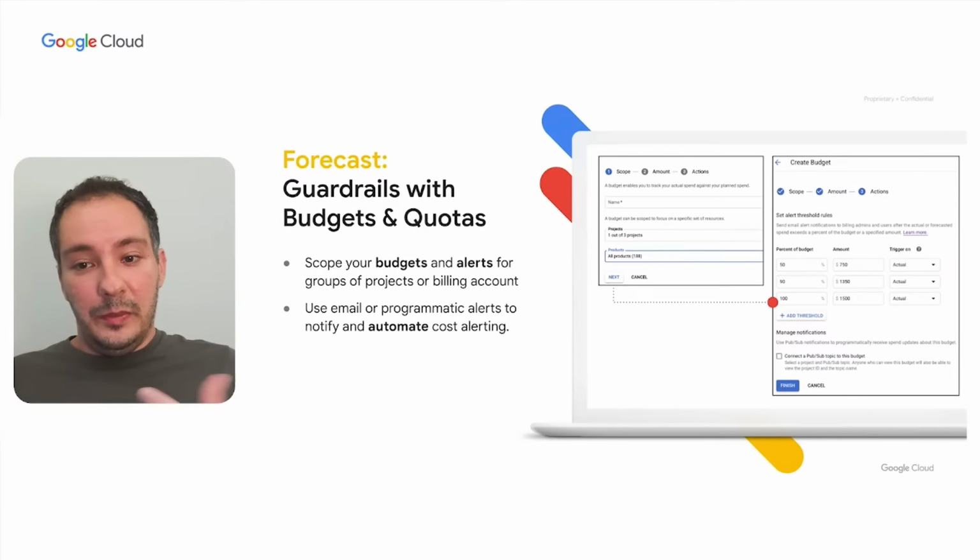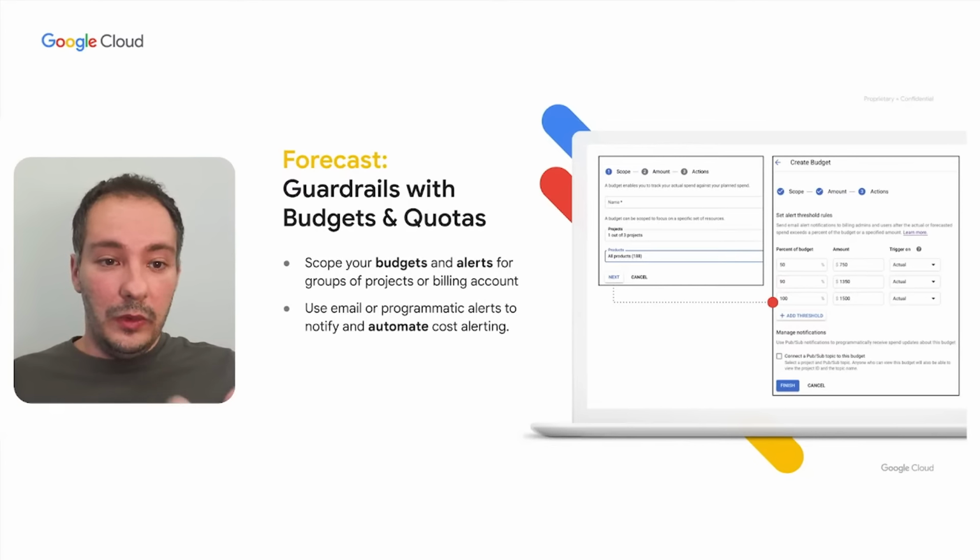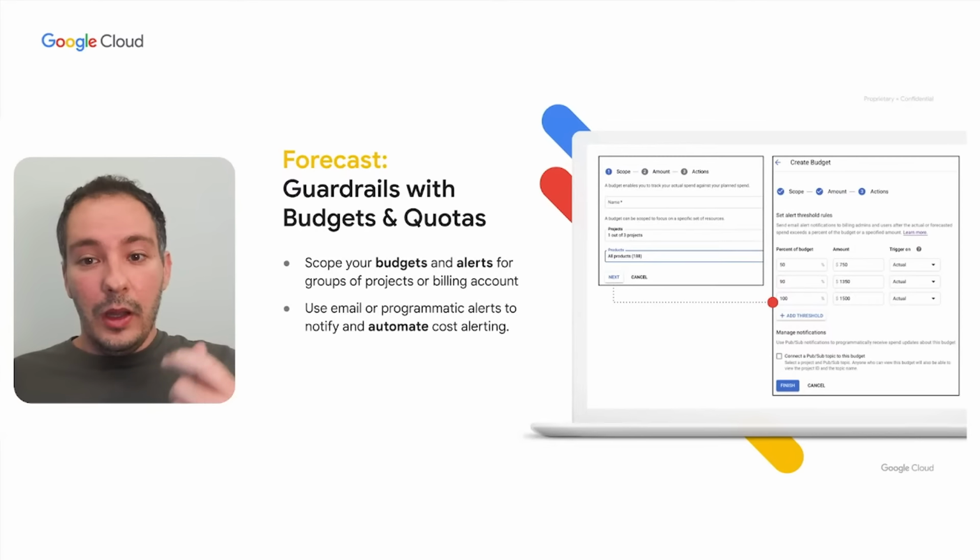If you are now spending $5,000, Google Cloud is going to send you an email telling you that your spend is now $5,000. This is the idea. You can configure budget guardrails to know how your spending is increasing during the month and get advice on how things are working.